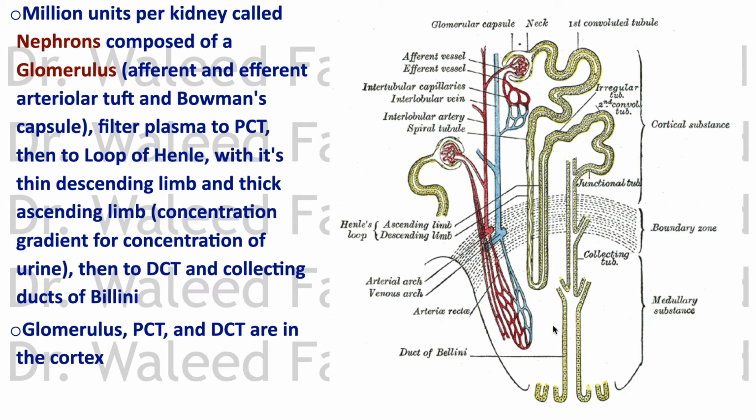So the longer the loop, the more concentrated urine you get in a species.